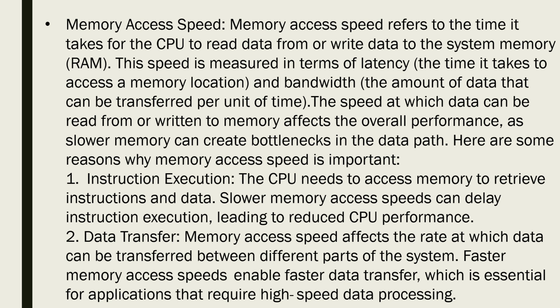Memory access speed. Memory access speed refers to the time it takes for a CPU to read data from or write data to the system memory (RAM). This speed is measured in terms of latency, which is the time it takes to access a memory location, and the bandwidth, the amount of data that can be transferred per unit of time.